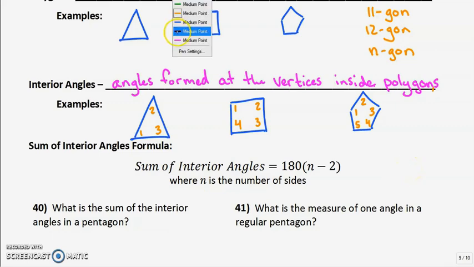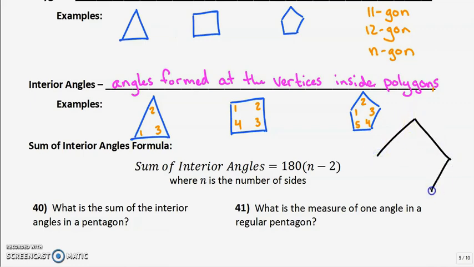Suppose you had a pentagon. I'm going to draw a new pentagon here. Any triangle has interior angles measuring 180 degrees. So if you take one vertex and draw diagonals to the other vertices, you can break the pentagon up into triangles.